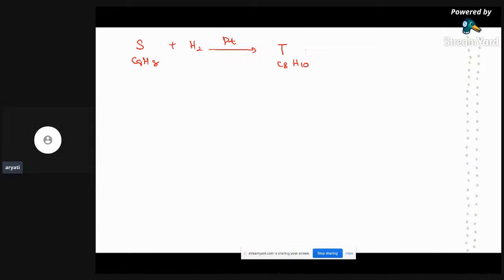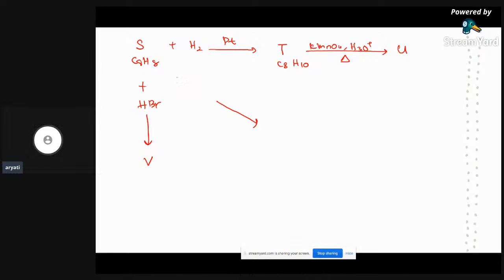Compound U is formed when T is heated with alkaline potassium permanganate solution. So T is heated with potassium permanganate, followed by hydrolysis. Hydrolysis must be in acidic medium, then heated, so it will produce U. Okay, the reaction of S with hydrogen bromide, so S reacts with HBr, it will produce V. Okay, so ozonolysis of S produces W and methanol.